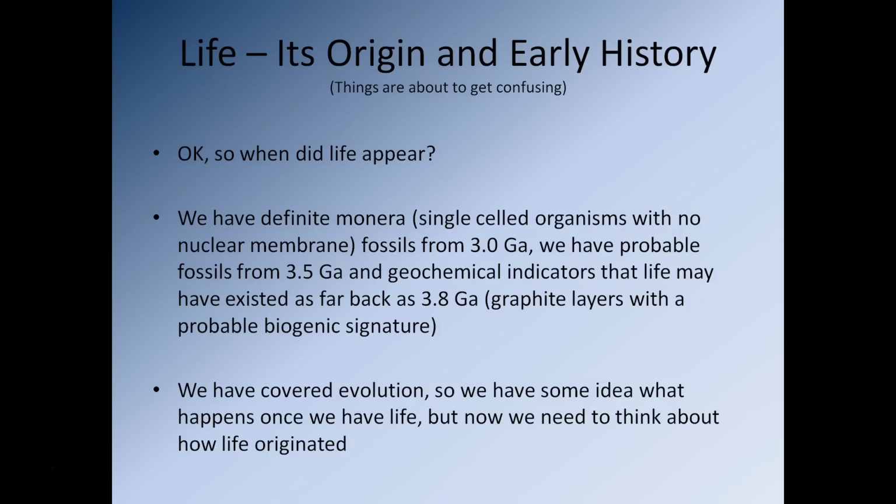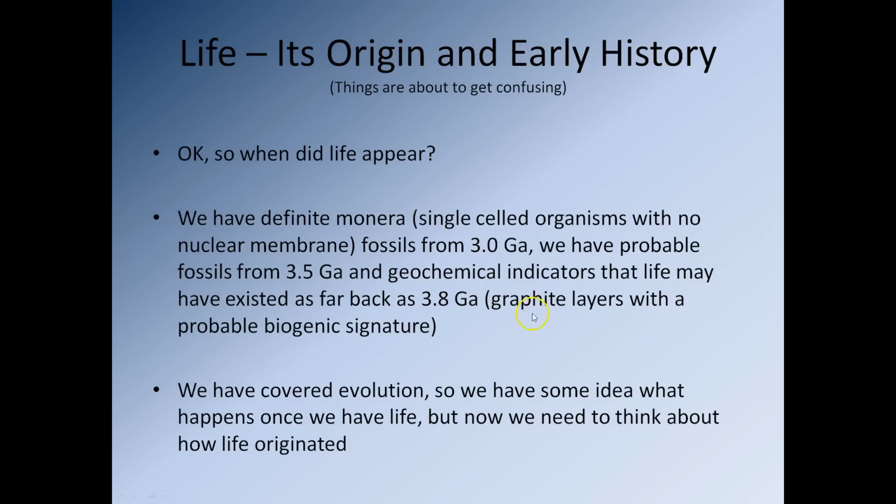Okay, so when did life first appear is the first question. Well, we have definite prokaryotes, that's a single-celled organism with no nuclear membrane, and we have definitive fossils from 3 billion years ago, and we have probable fossils going back to 3.5 billion years ago. And there are some geochemical indicators that suggest that life could go all the way back to 3.8 billion years ago.